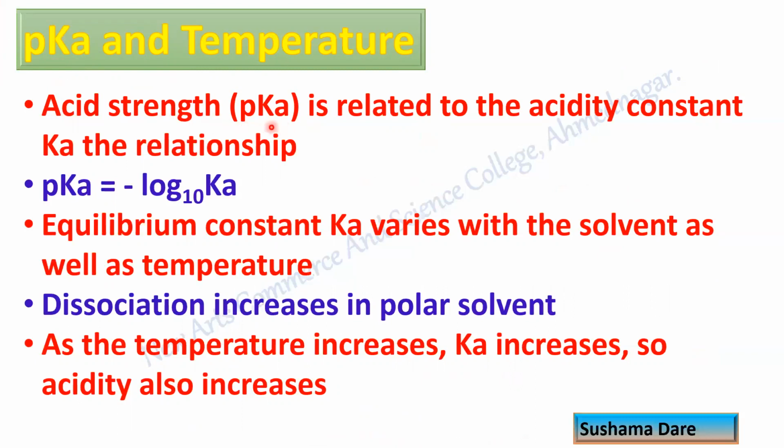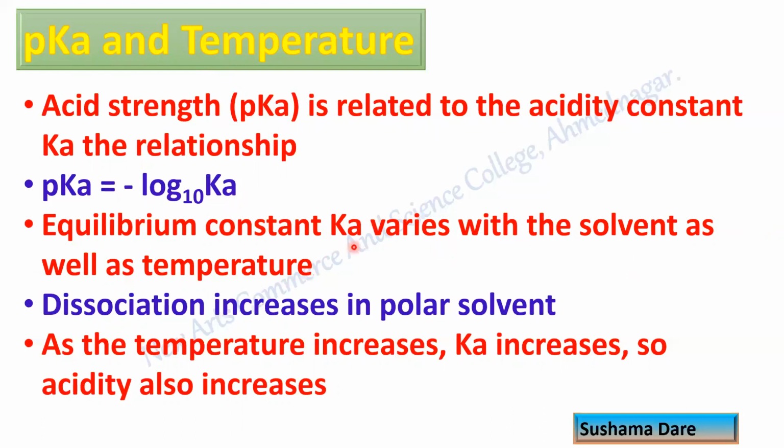Acid strength is nothing but pK, which is related to the acidity constant Ka. What is Ka? Ka is the acidity constant, that is the equilibrium constant. So what is pK? It is the negative log to the base 10 of the dissociation constant. So the dissociation constant is important rather than pK. So the equilibrium constant Ka varies with solvent as well as temperature.